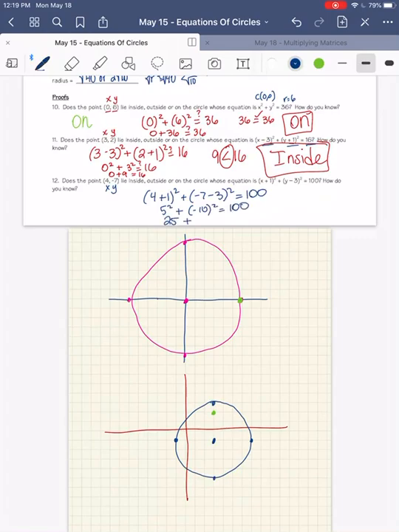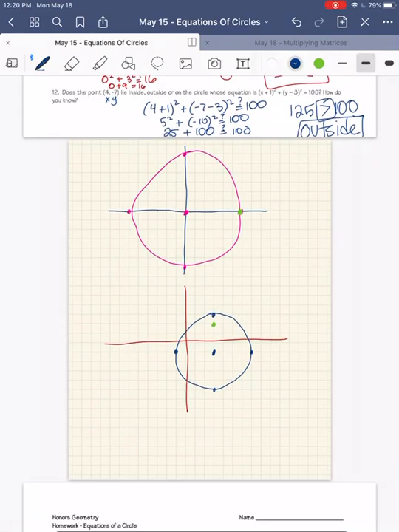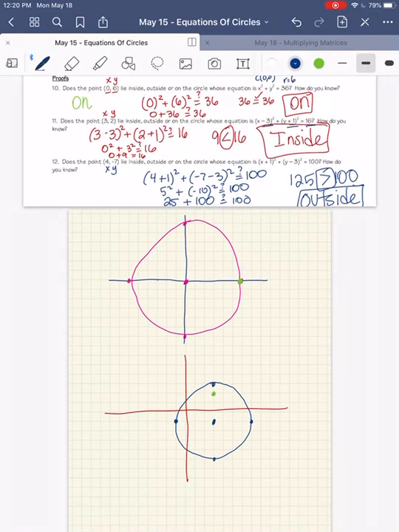So 25 plus 100, I'm going to put a question mark over this. And then that's 125, which is greater than 100. So because of greater than, it would be outside. Okay. And again, I could plot that if I wanted to. I think y'all get the gist though.